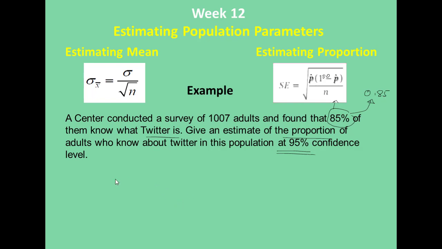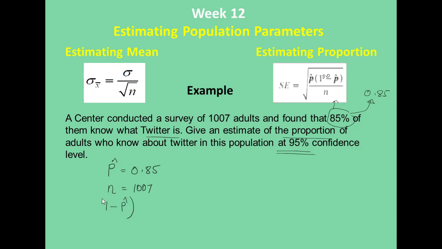All right. So what do we know? We are given p hat, the sample proportion, which is 0.85. We are given the sample size for this survey, which was 1,007. To use the formula, we need 1 minus p hat.